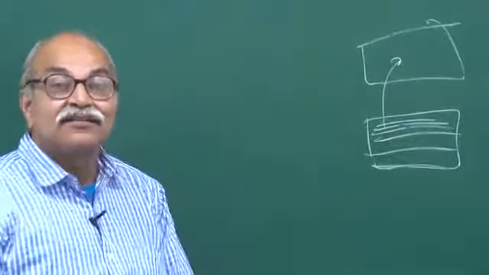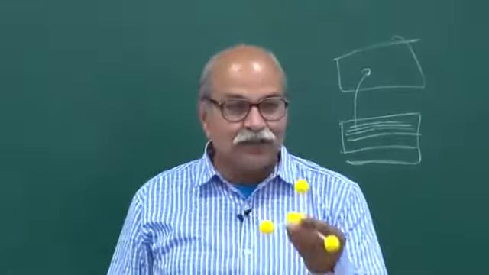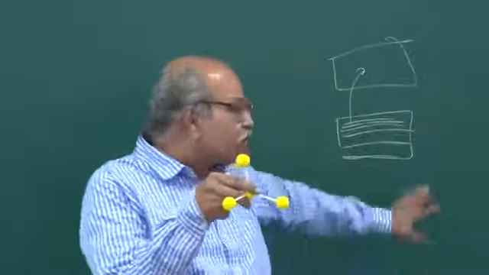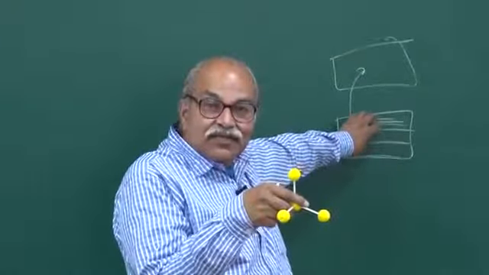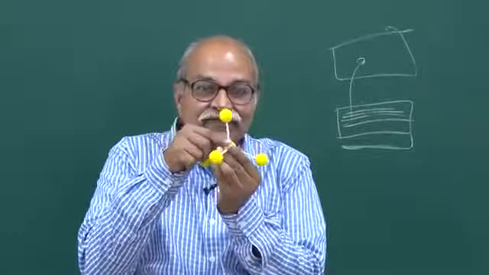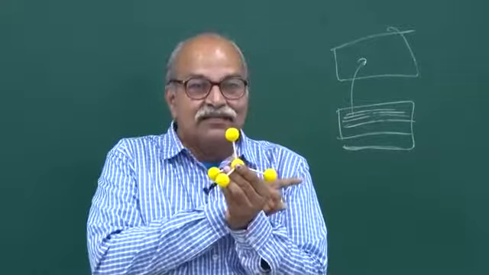In that silicon solid, those electrons are here. These valence electrons, where are these electrons? These electrons are in these covalent bonds. So electrons participating in the bonds, they are there.